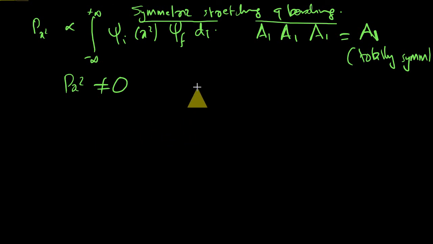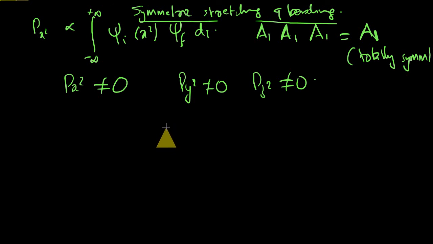Like that, you can show that Py square is also not equal to 0, because y square is also of A1 symmetry. We already saw that. Py square is not equal to 0 and Pz square is also not equal to 0.